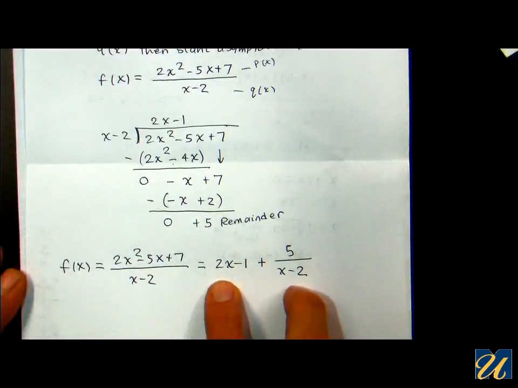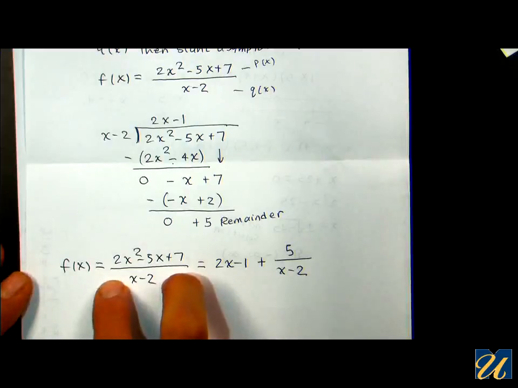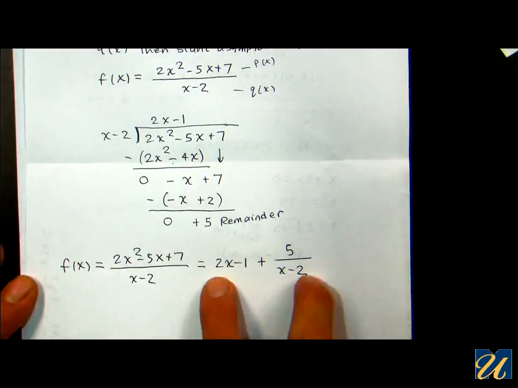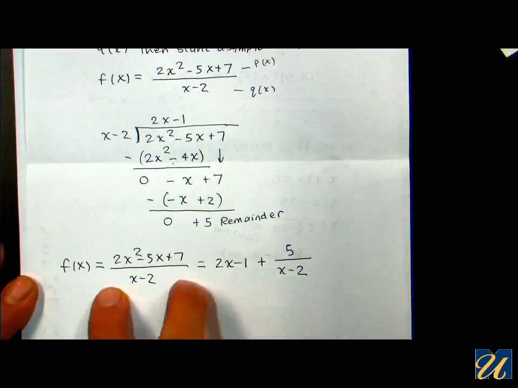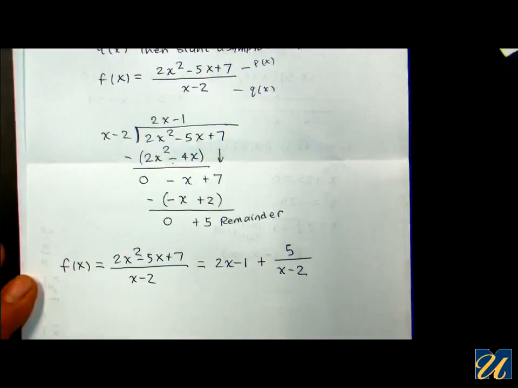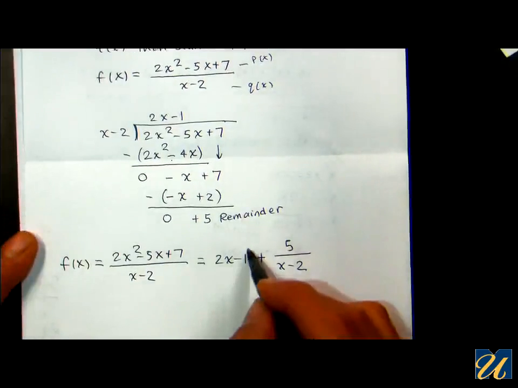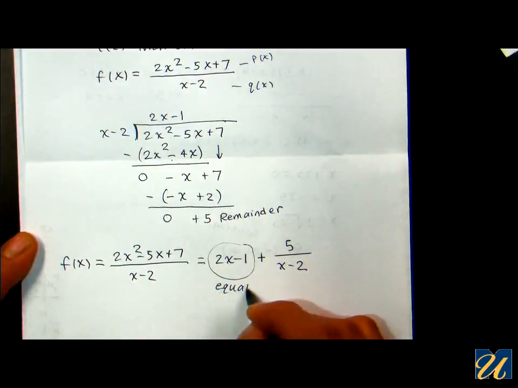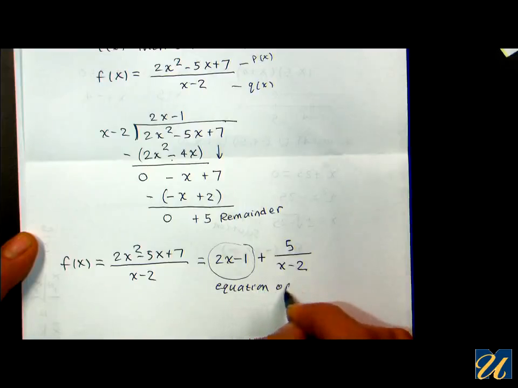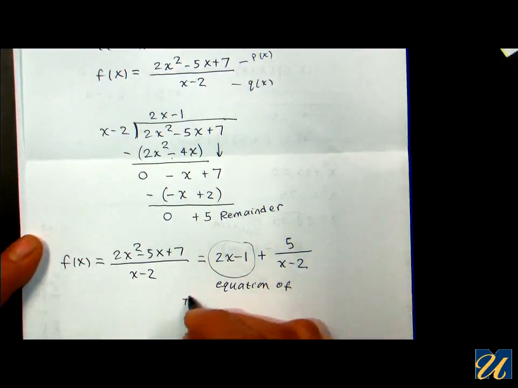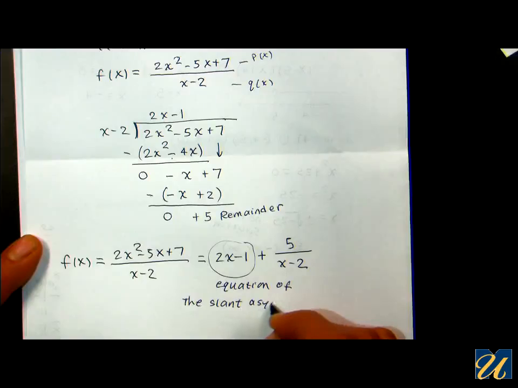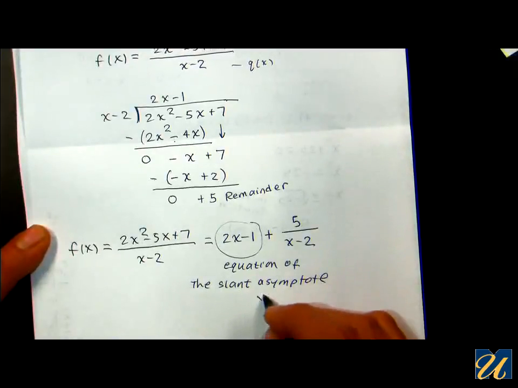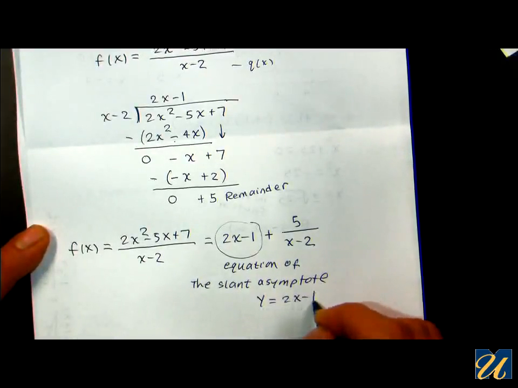This is exactly the same as this, and it's a very good exercise to take this, get a common denominator, and show it goes back to here to check the result. It's a very good exercise. This part right here is the equation of the slant asymptote. So that means y equals 2x minus 1.